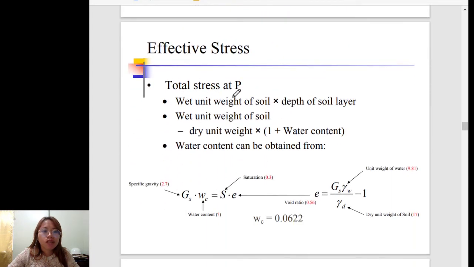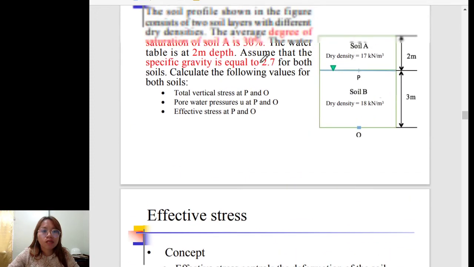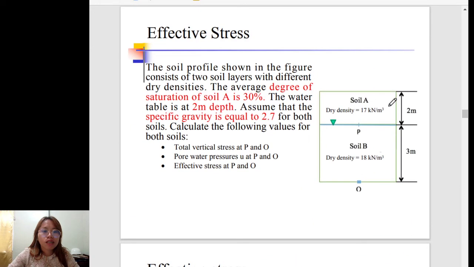To answer this, we calculate the total vertical stress at point P. This is point P, this portion here, and this is point O. And calculate also the pore water pressure U at P and O, and calculate the effective stress at P and O.